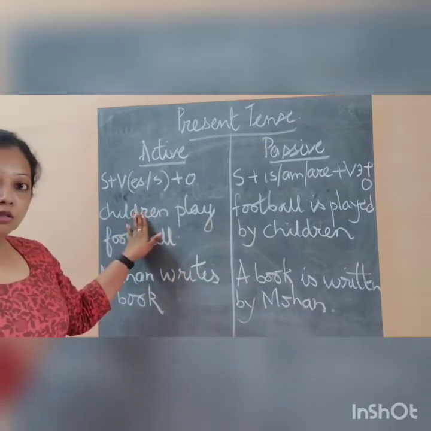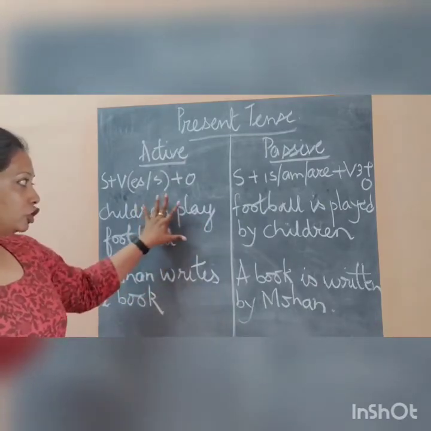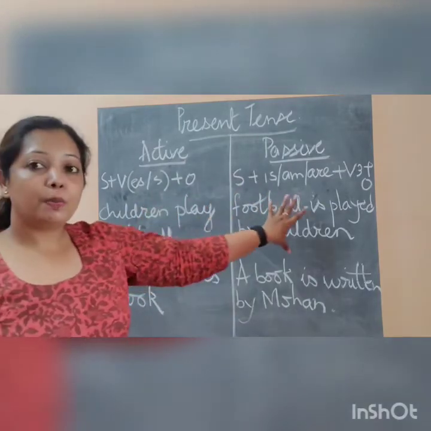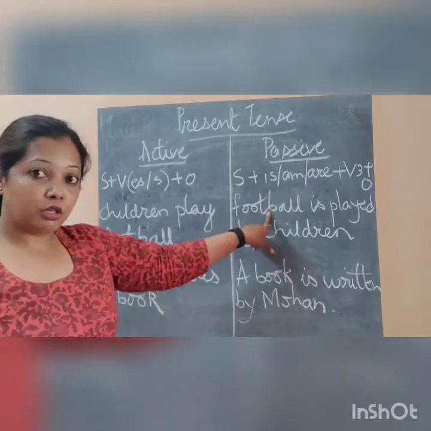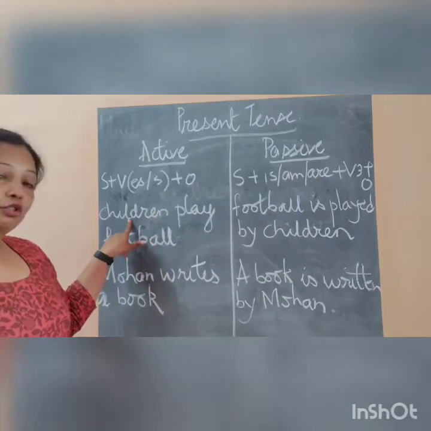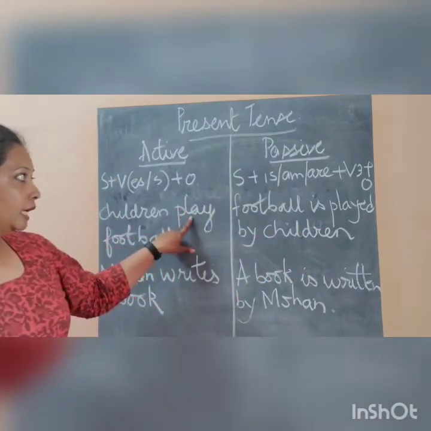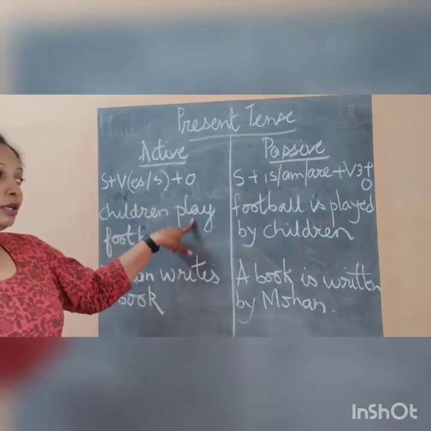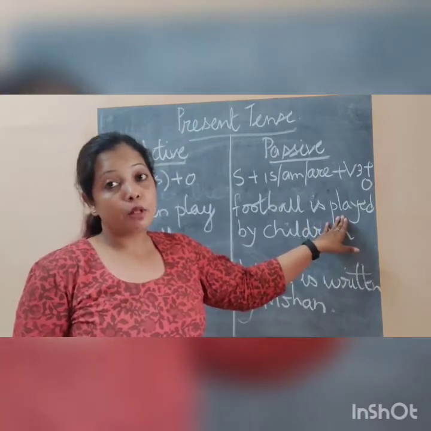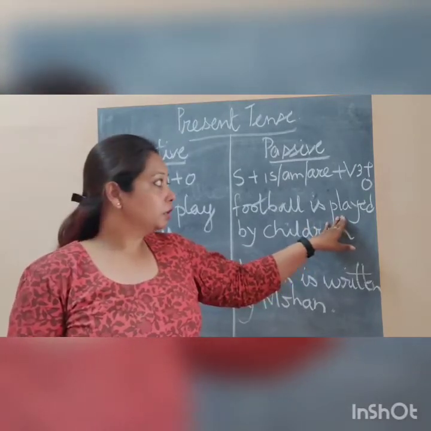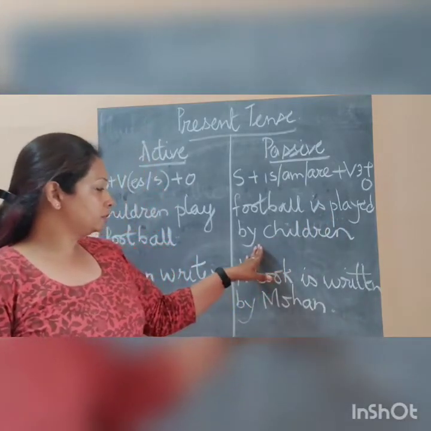As I said, subject, verb, object. Now when we change active to passive, the object becomes the subject, the subject becomes the object, and play, simple present, is changed to the past form, the ed form of the verb. So is is here and by is the preposition here.